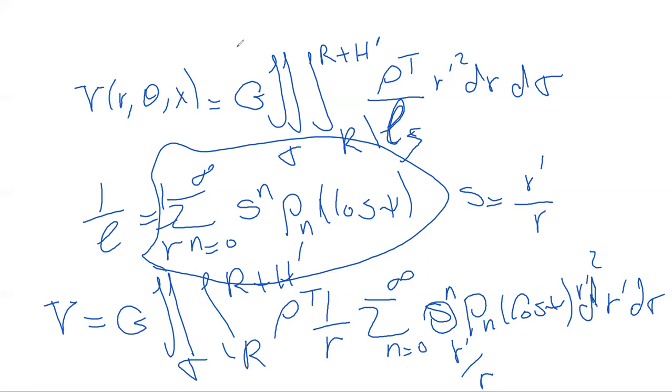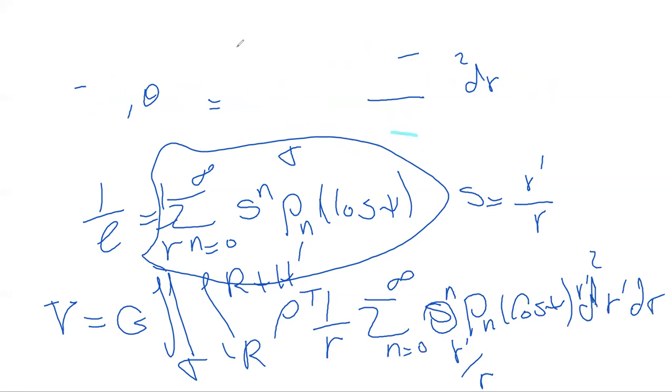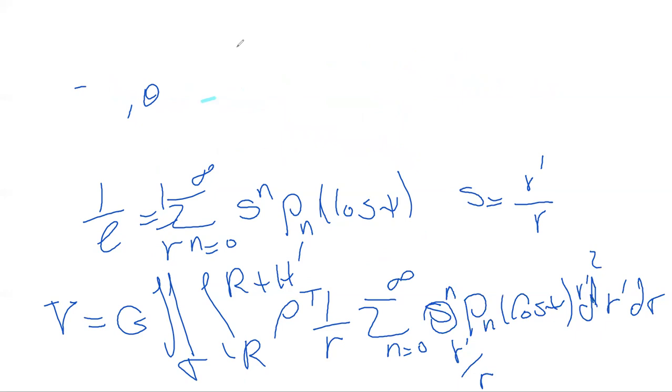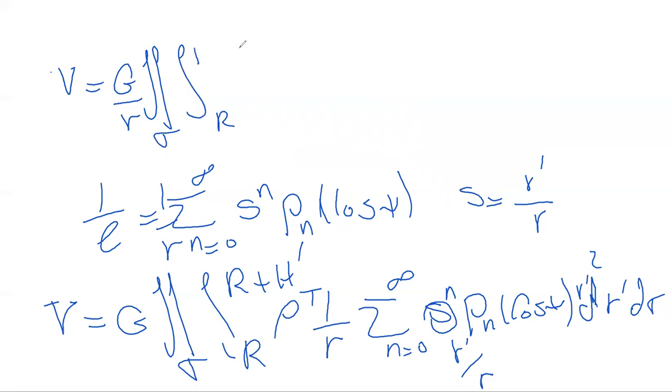Now if I simplify this, I come to this formula. V will be G times the integral. This 1 over r can go outside, because we are not integrating with respect to r, we are integrating with respect to r prime, H prime.